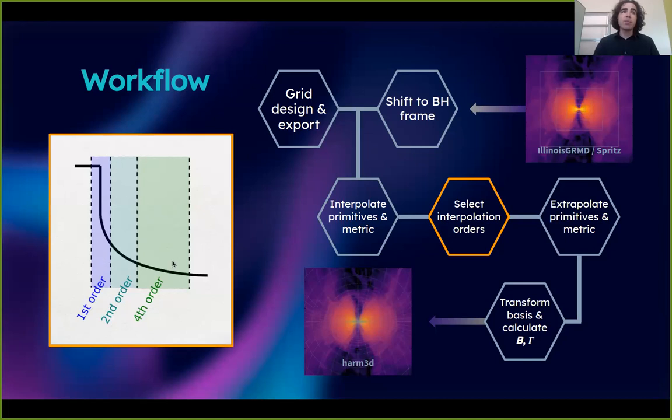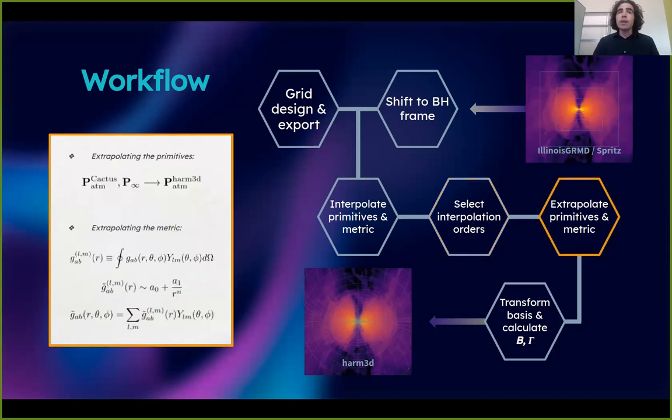And in this step, we just select the right order for the right grid functions in each cell position. Then we need to extrapolate the primitives and the metric. I told you that this destination grid is huge compared to the original grid, so we need to extrapolate the primitives and the metric.